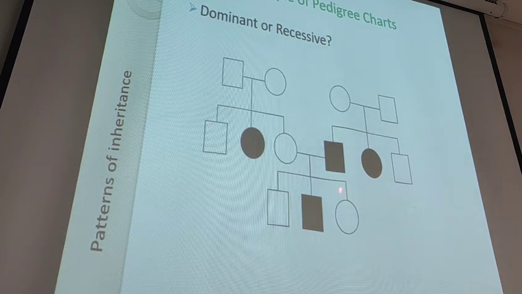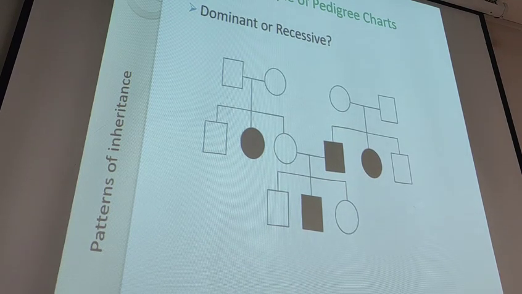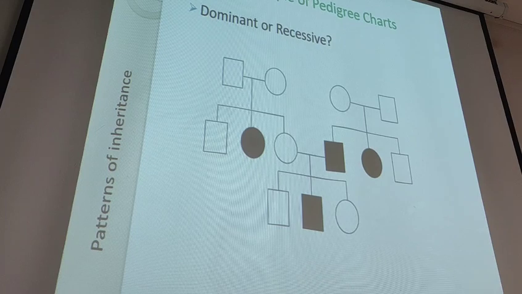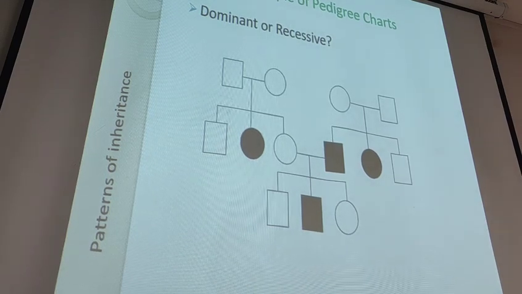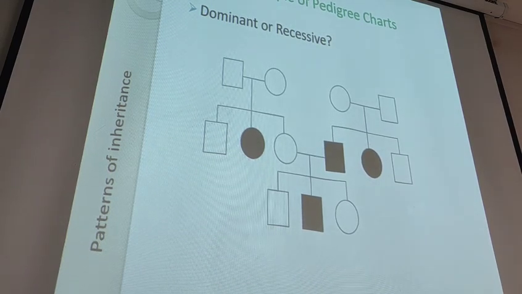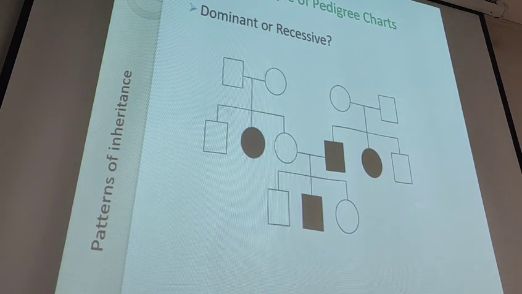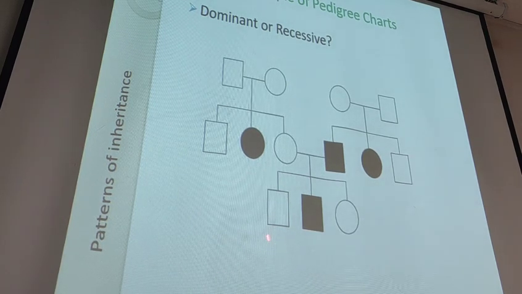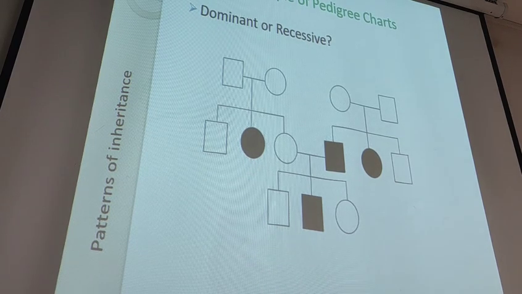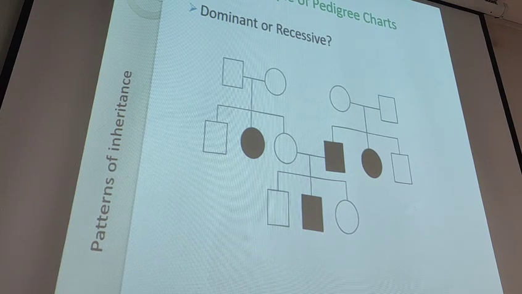It's dominant. Can we say this part of the pedigree is dominant? Everybody says yes, or some would say we don't know. The answer is no. We cannot say this part of the pedigree is autosomal dominant because in a single pedigree we have just one pattern of inheritance. It relies on the origin of the family.